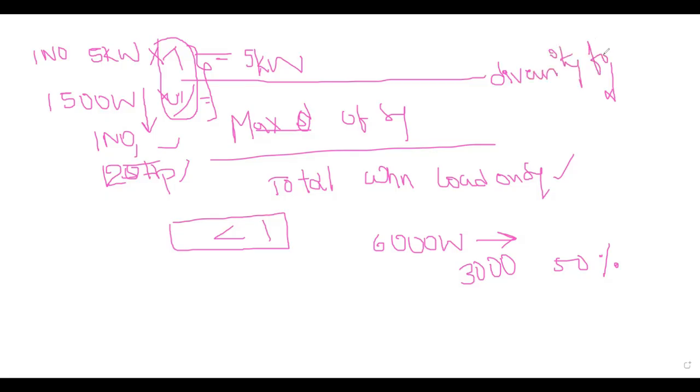So now my question is, what is this diversity factor, which I am multiplying with all these loads, for fans, for everything? What is that? So let's see. The diversity factor here is the sum of the individual maximum demands by the maximum demand of the system.